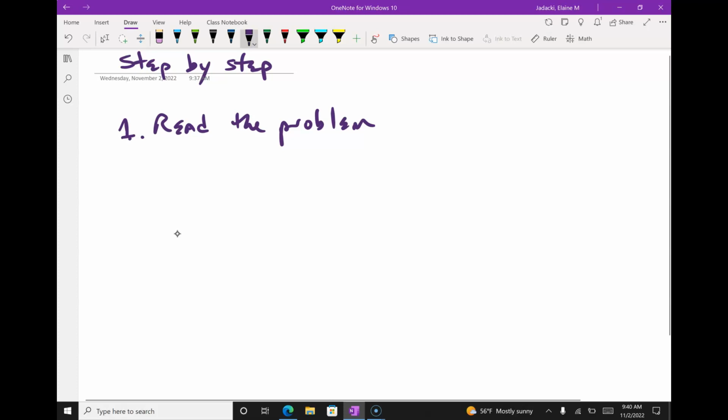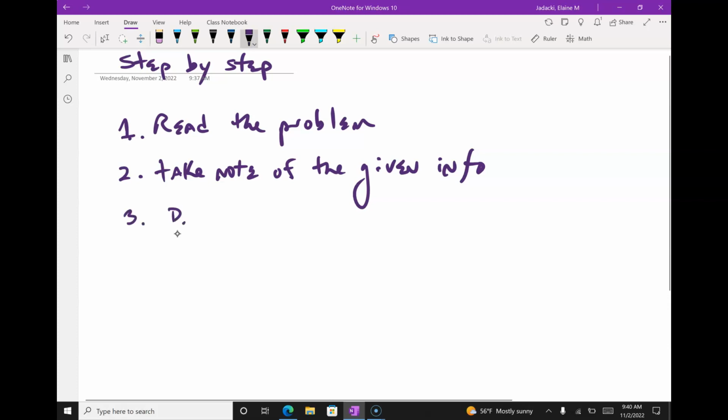Take note of the given information. Most likely, draw a picture, like the skeleton of what's going on.